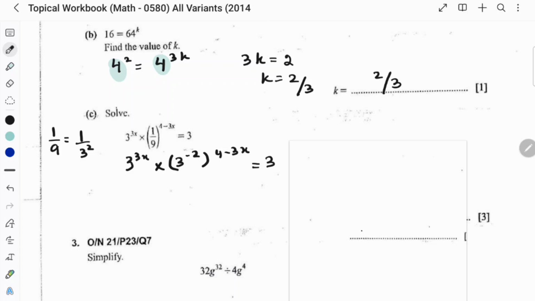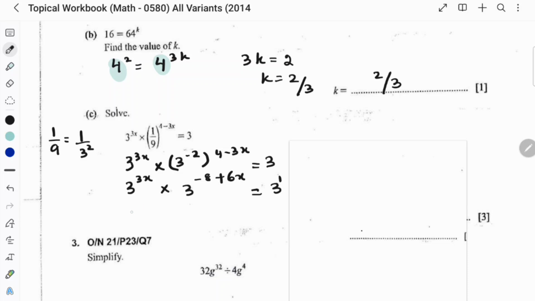So we are just simplifying and adding the powers. 3 to the power 3x into 3 to the power minus 2 times 4 is minus 8 plus 2 3s are 6, so 6x equals 3 to the power 1. If it is 1 that is written, then we write 3 to the power 0, but we have to write 3 as the base on both the sides.